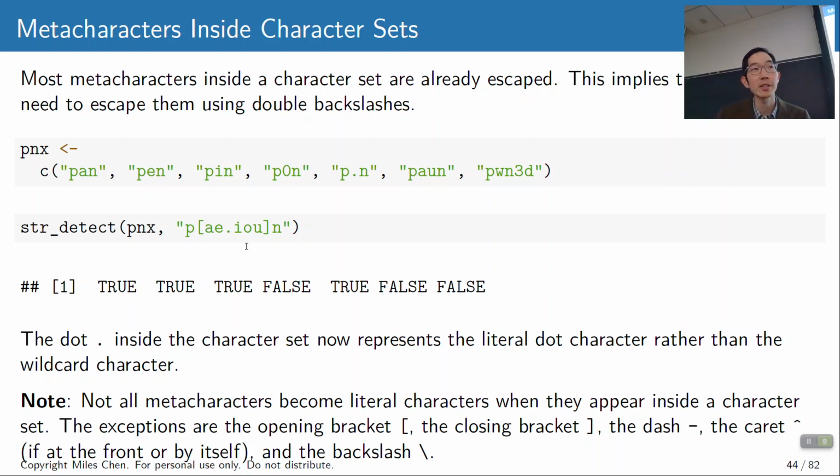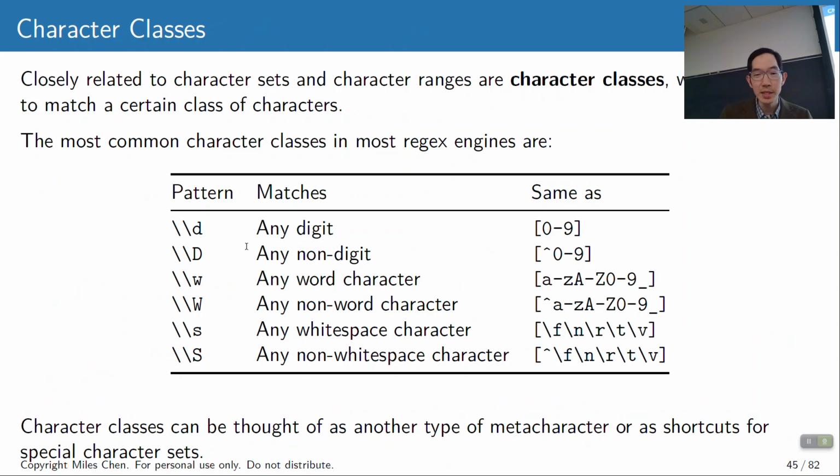And the caret, if it's at the front by itself, has the meaning of making it a negative character set, but a caret somewhere else inside the character set will be a literal. And then the backslash also is used to escape characters there.